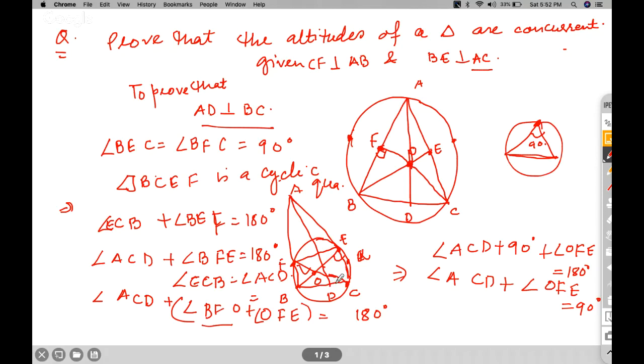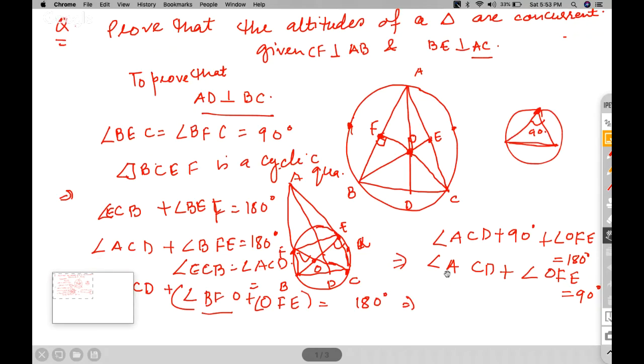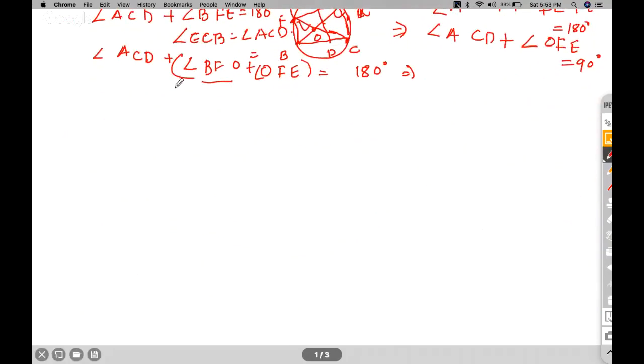So what I'm proving, that EF, so from here I can write that angle OFE would be equal to angle OAE, because they are in the same segment.